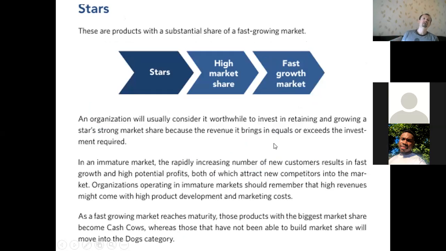Let's speak about every strategical business unit a little bit more. The first is star. Star means that we have a high market share at fast growth market.